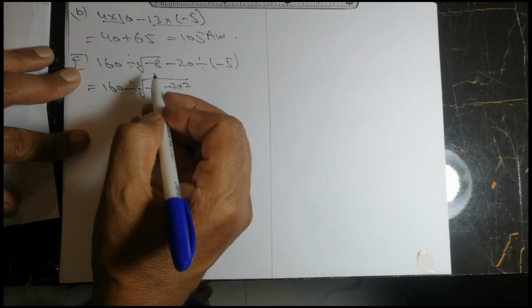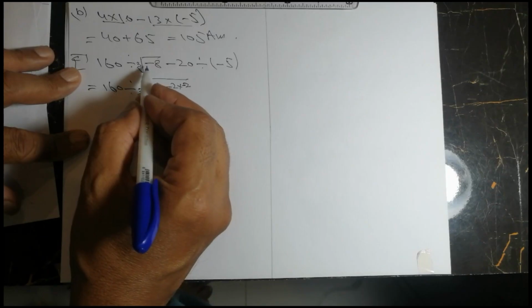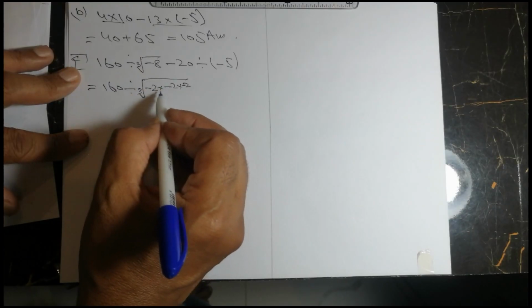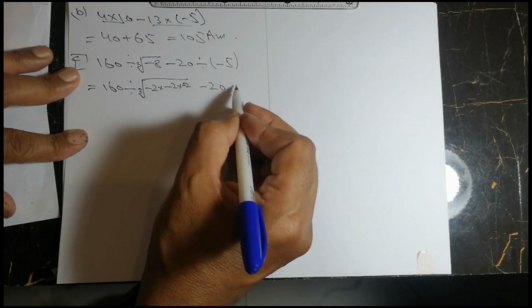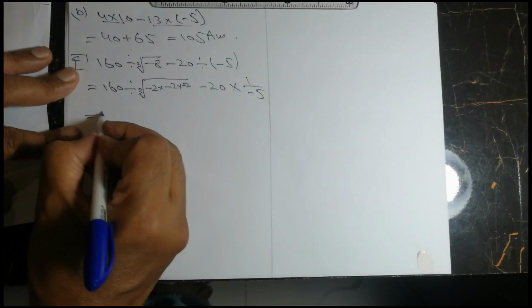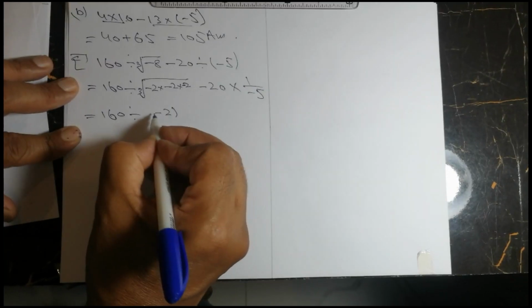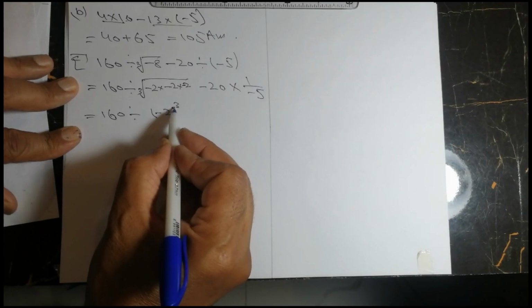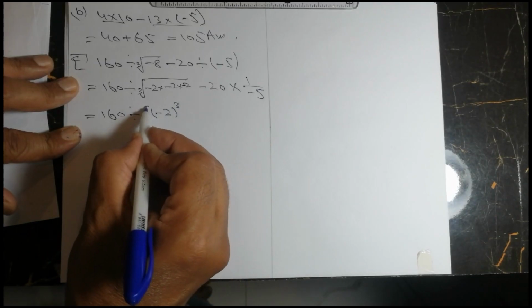I actually wrote minus 2 deliberately because the actual minus is only one time, but I can write it this way, because if we multiply, ultimately the sign will be negative here. So this is a multiplication, 1 over minus 5. 160 divided by, this is minus 2 raised to power 3. So this was the purpose that I wanted to write this minus under power of 3. I hope that you understand this one.